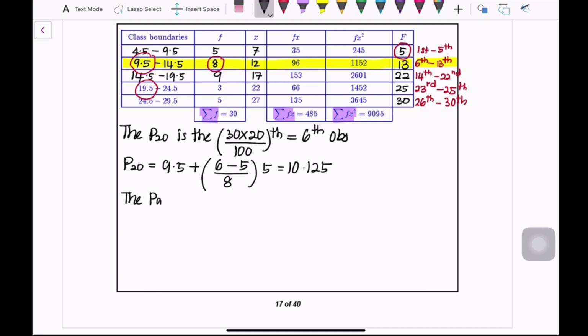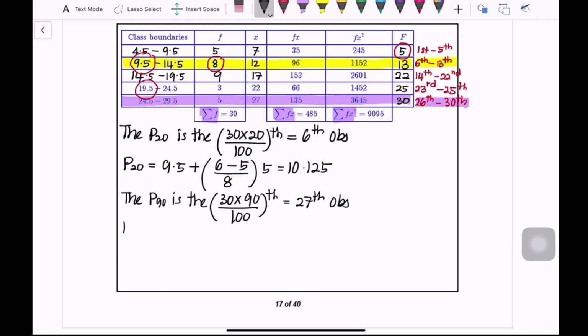The P90 is 30 times 90 over 100 observation, which is equal to the 27th observation. The 27th observation is located here, so we highlight the class of P90.